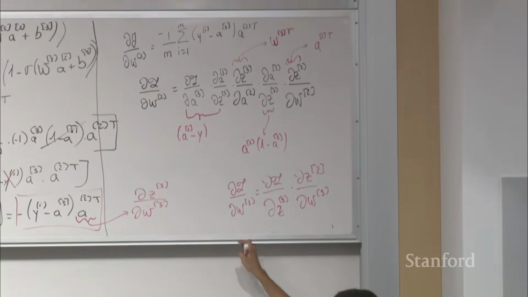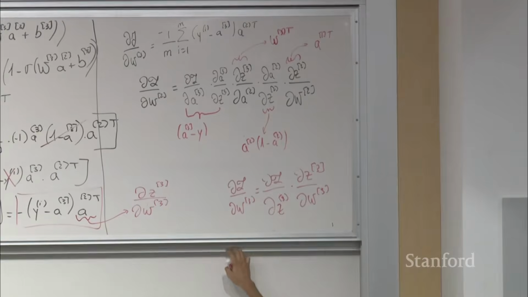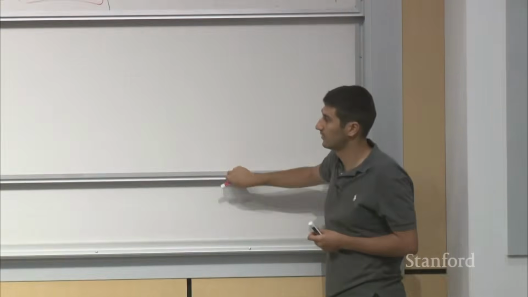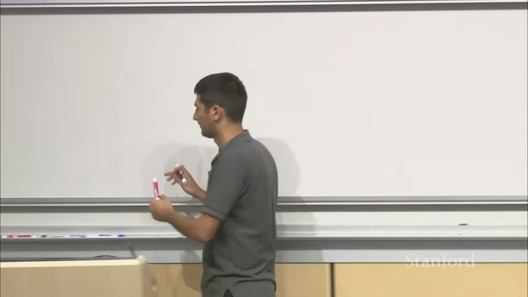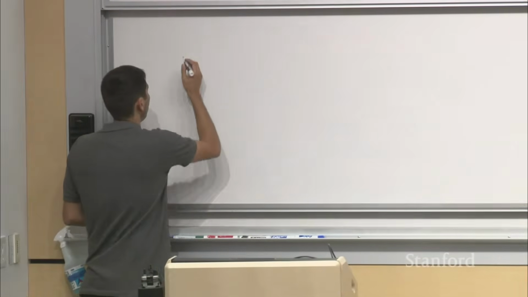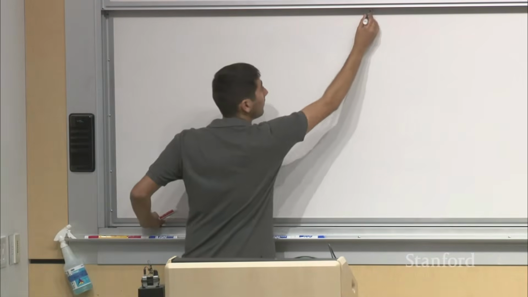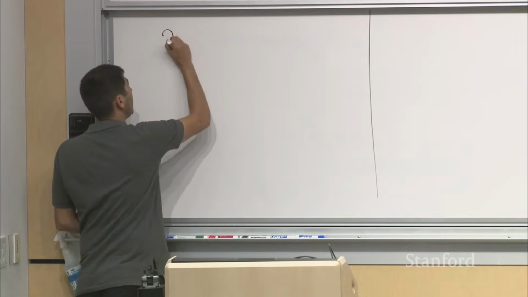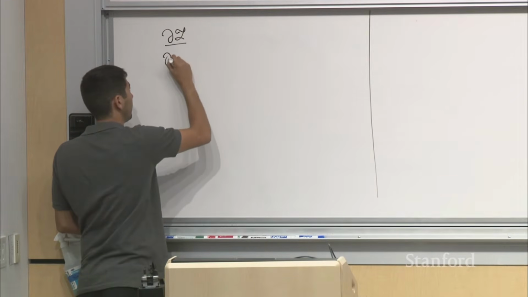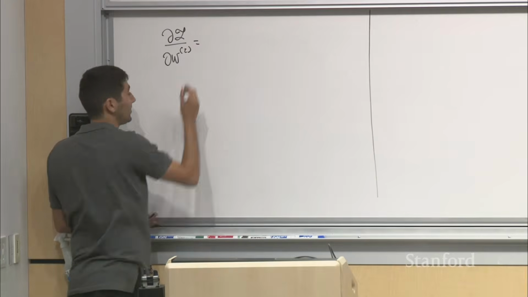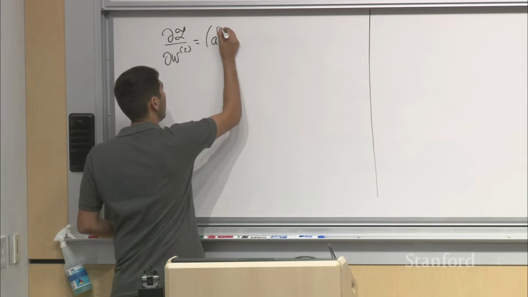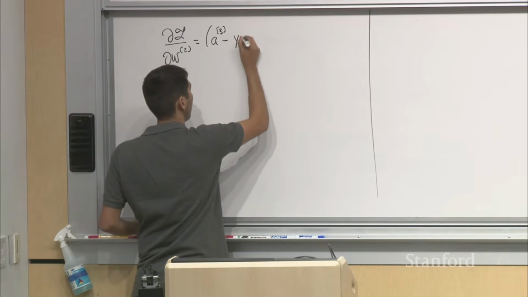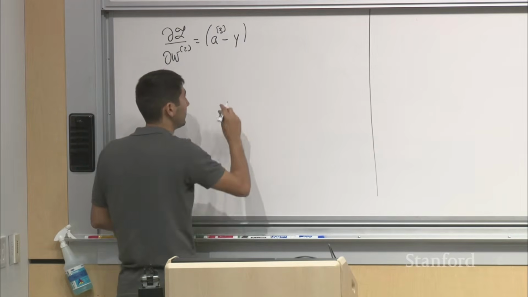So that's cool. Let's write down our derivative cleanly on the board. We have the derivative of our loss function with respect to W2, which seems to be equal to A3 minus Y from the first term.